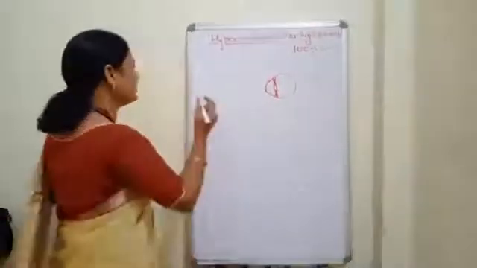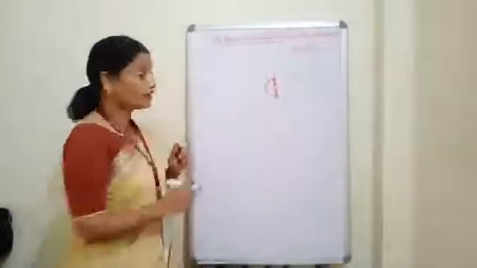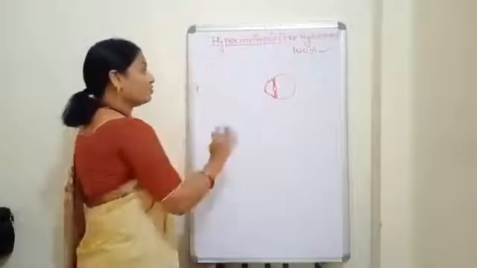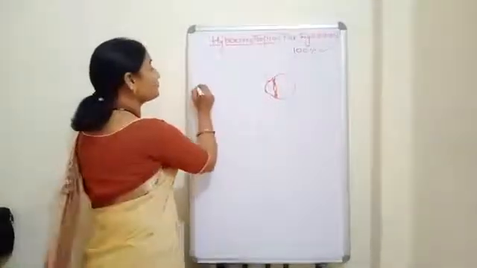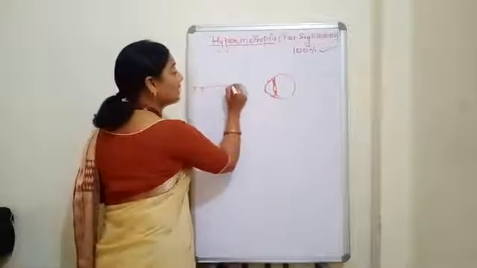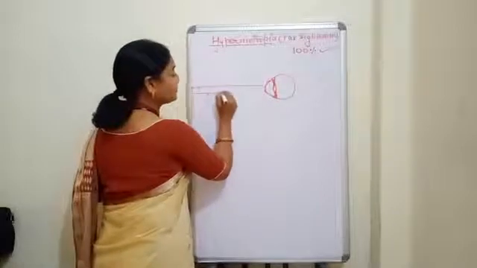Now suppose this is something which is kept at infinity. Children, we know very well that if the rays of light are coming from far, then while reaching the eye, they will become parallel.